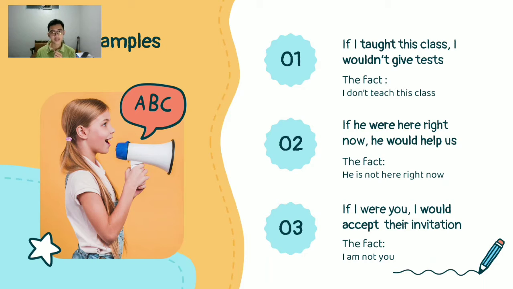Okay, the example number one is: if I taught this class, I wouldn't give tests. What is the meaning? This sentence is usually told by the teacher or lecturer to the students. The meaning is if I, as a teacher or lecturer, taught this class, I wouldn't give tests.